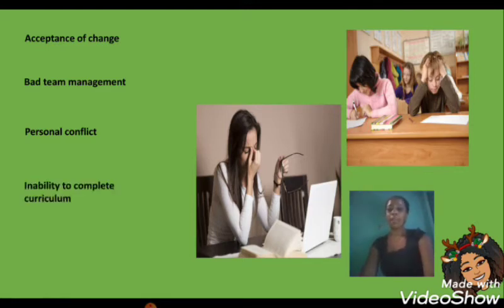Inability to complete the curriculum, as there can be creative activities or interactive sessions, and not having enough time to complete the curriculum. Time for coordinating and planning, as there wouldn't be sufficient time due to assisting each teacher.